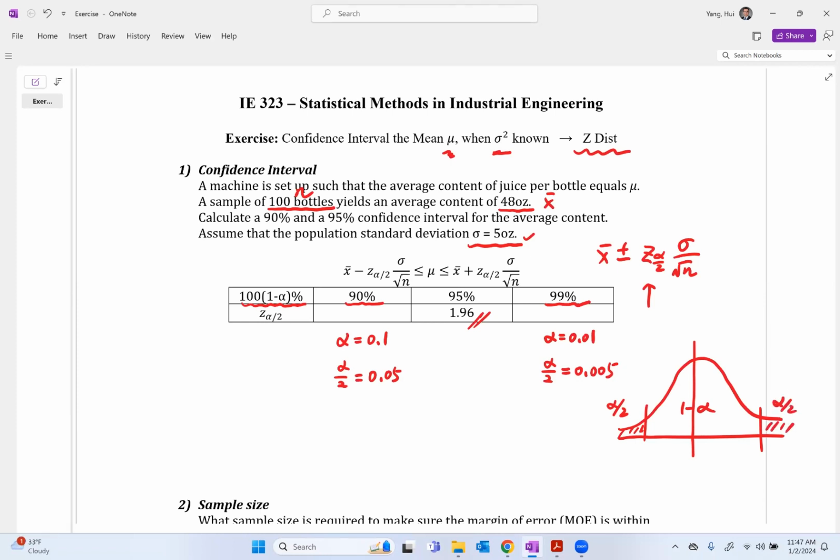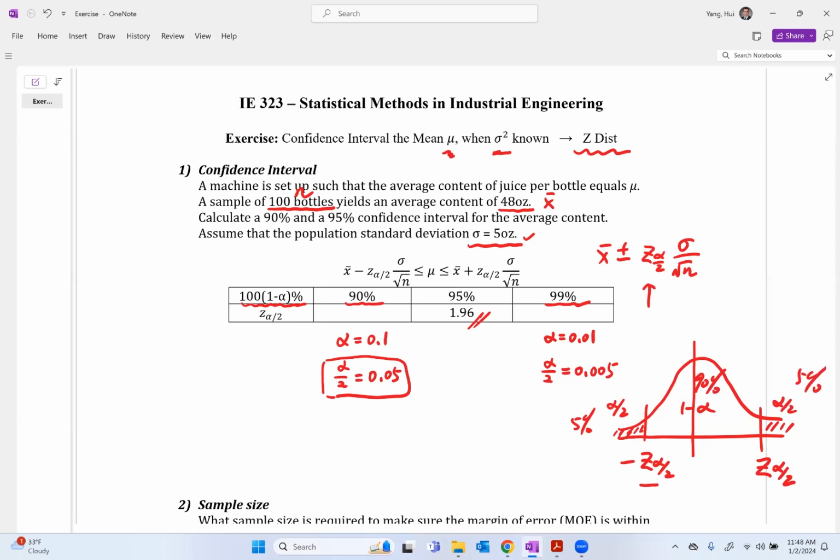This is minus Z alpha over 2, and this is Z alpha over 2. If alpha over 2 equals 0.05, this side will be 5%, the middle will be 90%, and this side will be 5%.